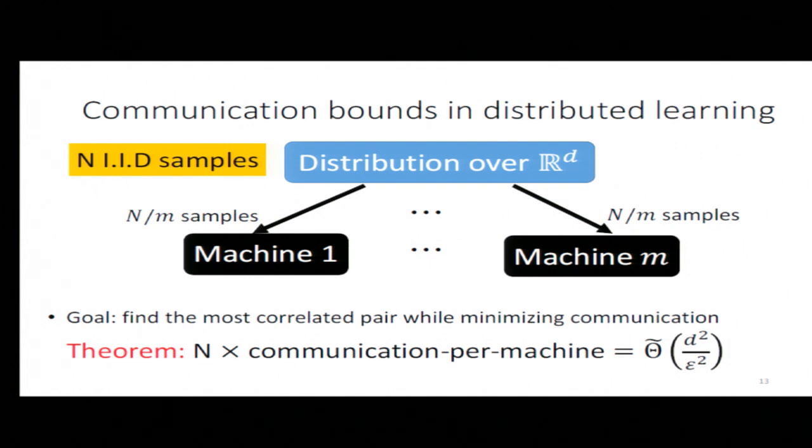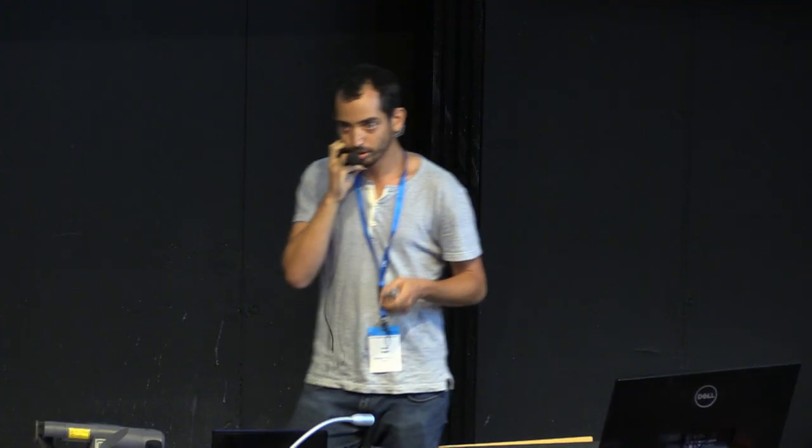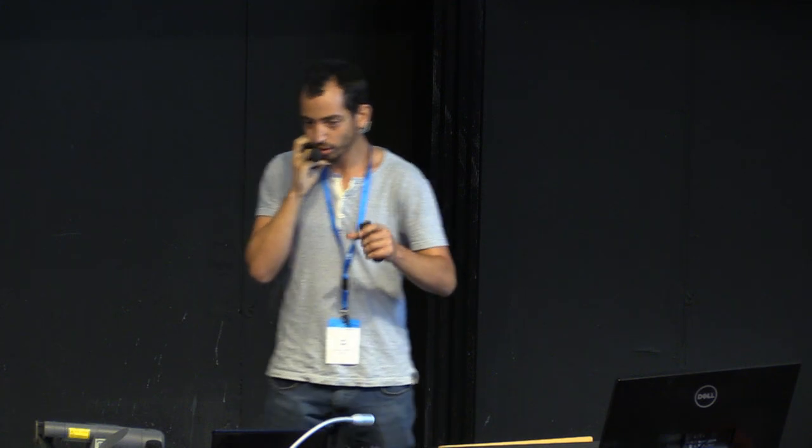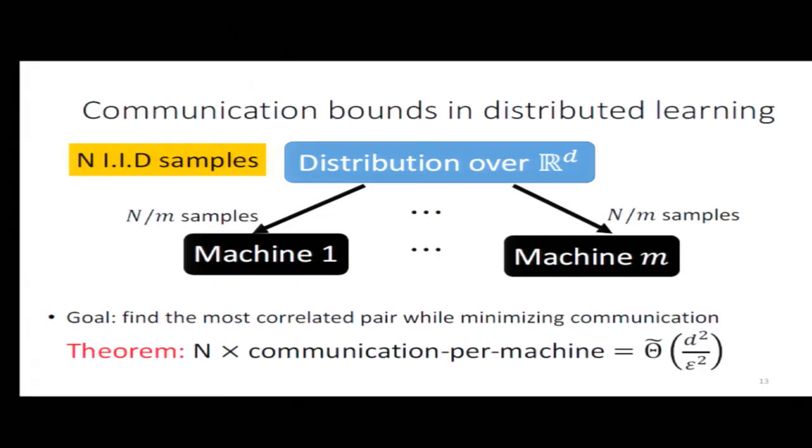And here we show a tight bound stating that the total sample size times the average communication per machine has to be at least d squared over epsilon squared. And this is also tight. And this means that if you want to achieve close to optimal accuracy, each machine has to send data of the size of a whole covariance matrix.